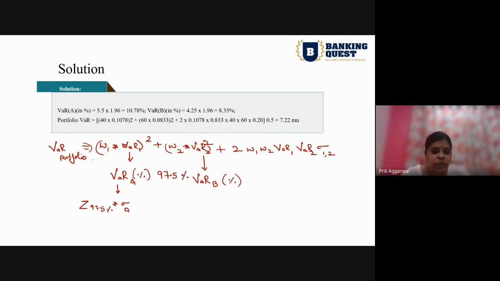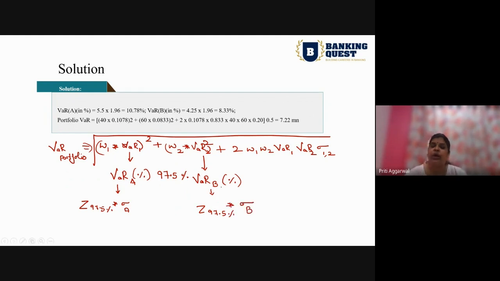Here also we'll take the standard deviation only, because we are calculating the risk of the portfolio. So the Z score into the standard deviation of A will give you the VAR of A, and the Z score at 97.5% into the standard deviation of B will give you the VAR of B.